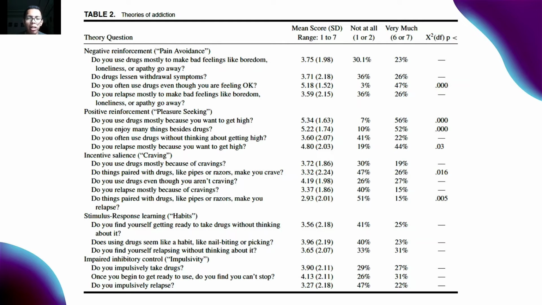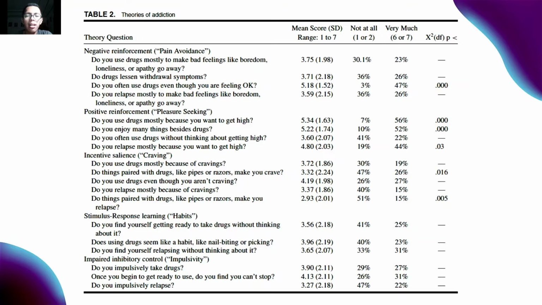Most respondents, 56%, reported that they used drugs due to positive reinforcement, and a similar proportion, 44%, identified that they relapsed for the same reason.